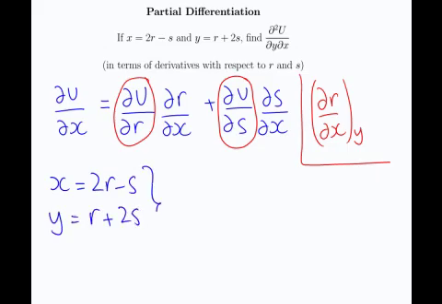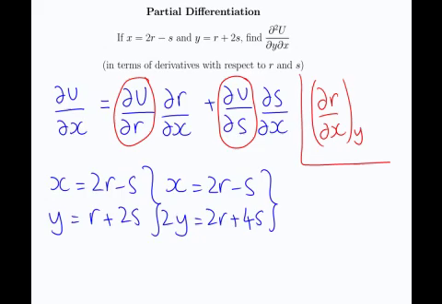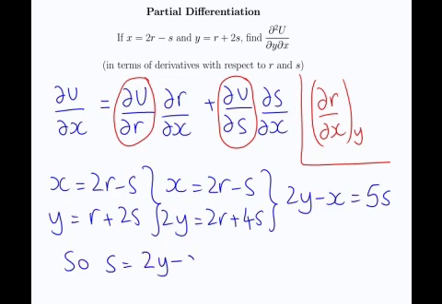For example, if I keep the top equation as it is, x is 2r minus s, and I multiply the bottom equation by 2, so that 2y is 2r plus 4s, and I subtract one from the other, I end up with s is (2y minus x) all over 5.